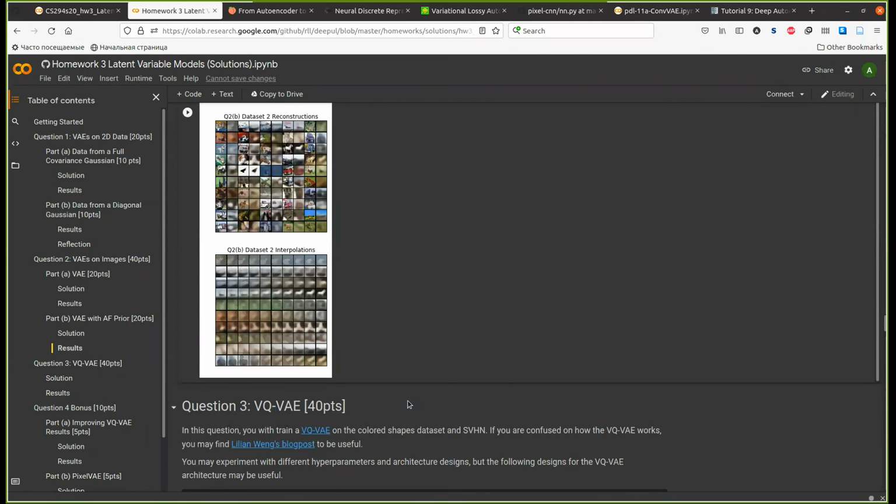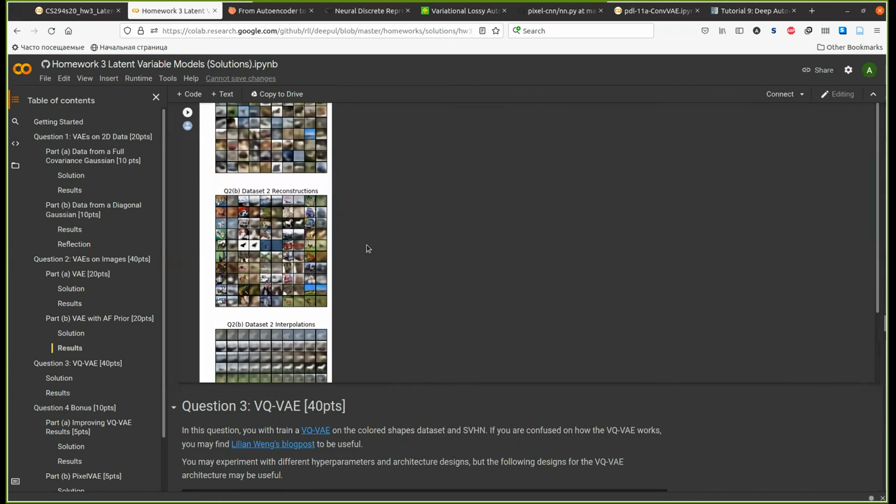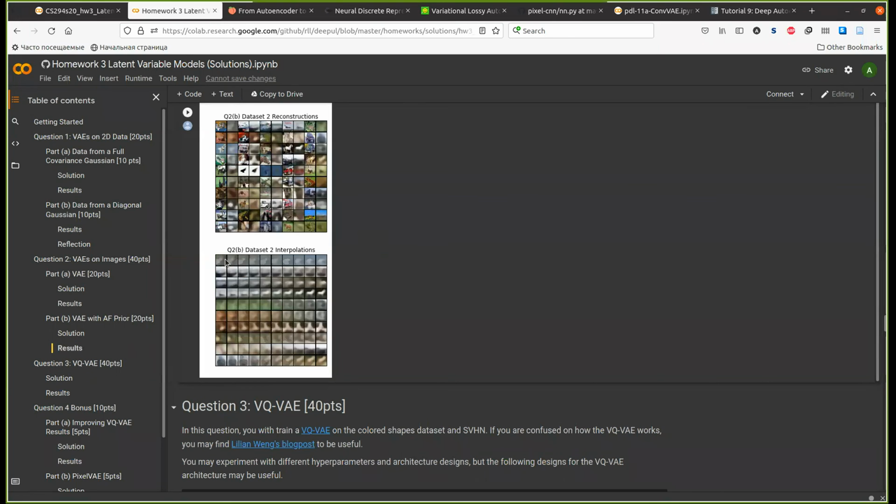Yeah, that's nice. So let's briefly discuss the results from AF VAE on the CIFAR10 data set. And here you can see that the interpolations are, yeah, you kind of transform something blurry into something blurry, and again and again.